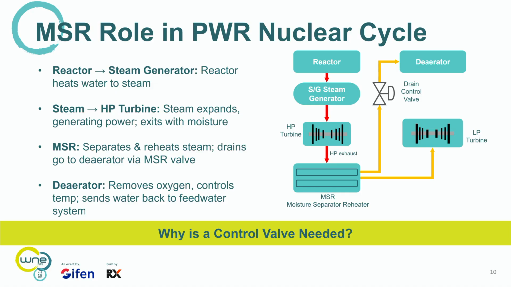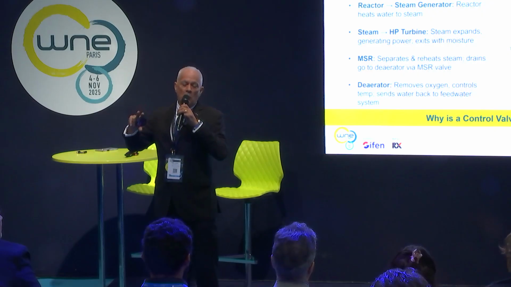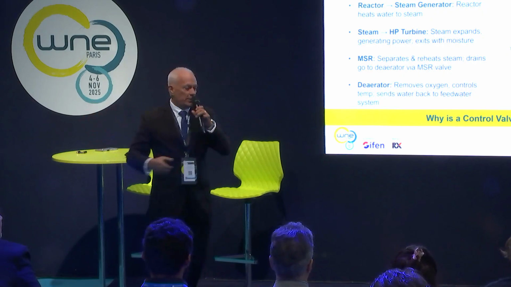The steam in the HP turbine is expanding, and once it expands, it's losing its energy, and there may be moisture in the steam. That's why it goes to the MSR. The MSR's purpose is to separate the steam from the moisture, reheat that steam, and then send it back into the LP turbine. You want the most efficient steam going back into that LP turbine.